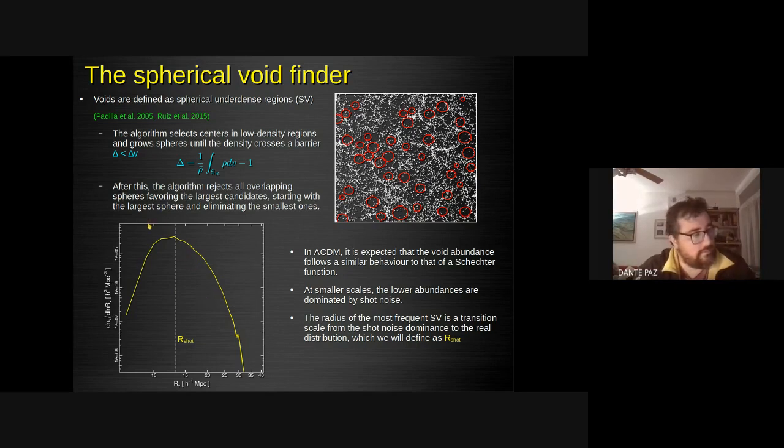But all these voids here that we are not seeing are lost due to shot noise. This is the joining between the shot noise spectrum and the distribution of clustering. So this scale is very important for us. This transition scale separates the scales that are physical from unphysical.